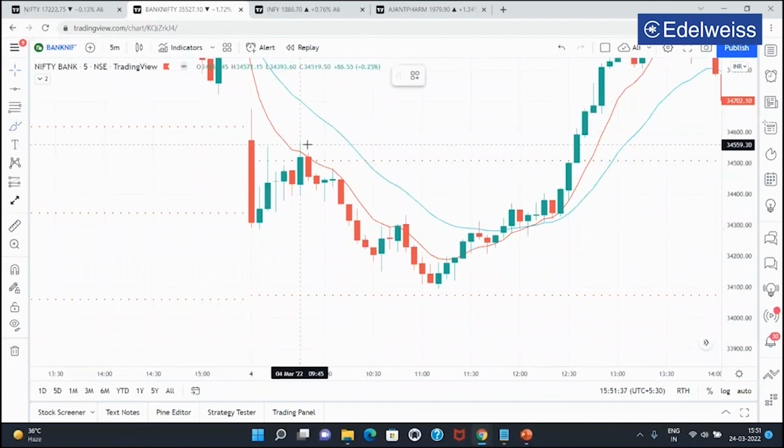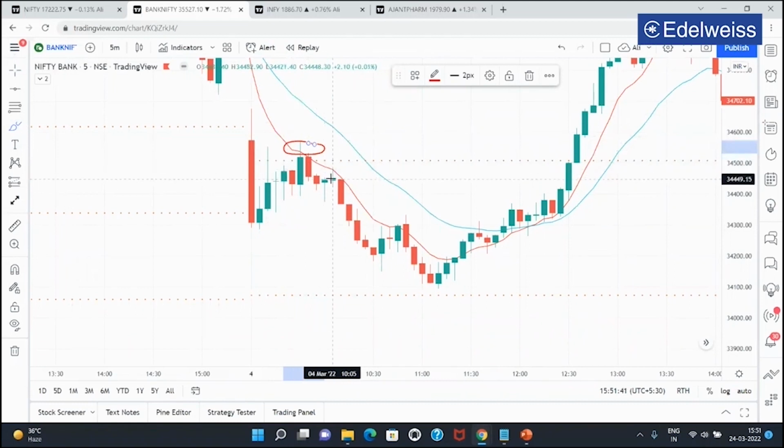You can put stop loss above this level and short. The price is 34,450. So above 34,500 or 34,600, you can start selling calls. And if you want to buy puts, you can buy 34,400 or 34,500 puts around these levels, or sell the future.